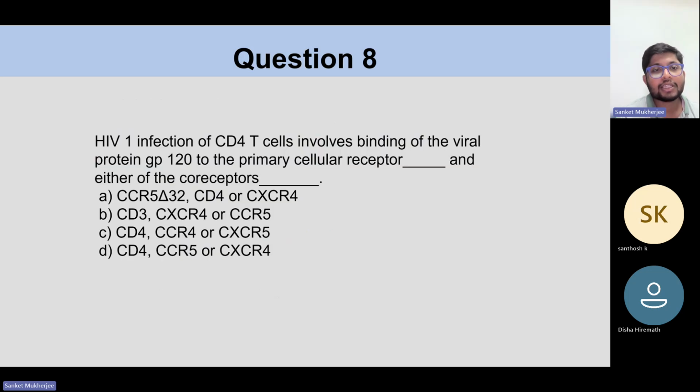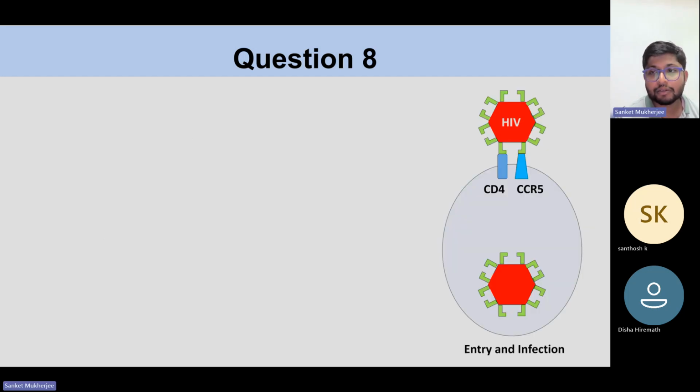It was published. HIV-1 infection of CD4 T cells involves binding of the viral protein, glycoprotein 120, to the primary cellular receptor dash and either of the co-receptors dash. If you remember, we have discussed it in the last slide also.